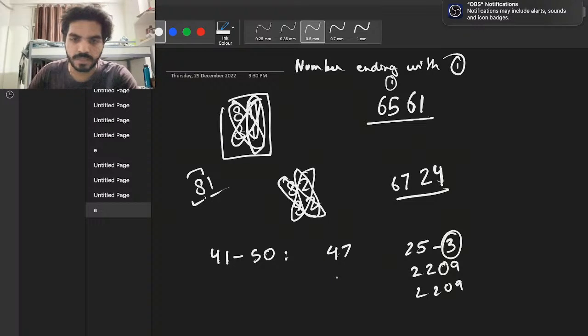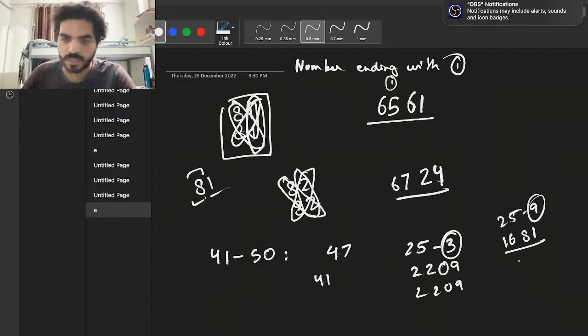And for 41, this is 9 less than 50. So we will do 25 minus 9, which is 16, and add the square of 9, that is 1681.